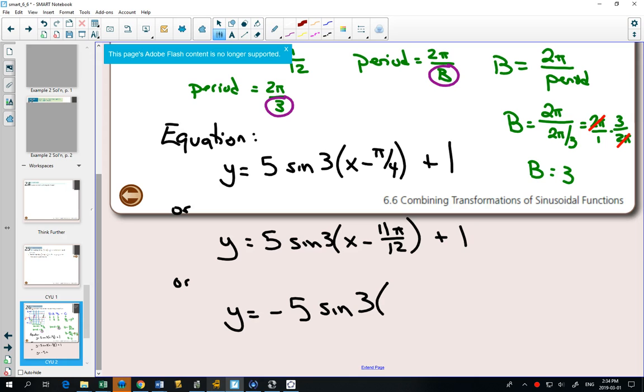The b value stays the same, and now your starting point is pi over 12 to the left, and d value stays the same. So our amplitude is always 5, but sometimes you can have that negative in front to show that a sine graph starts going down.